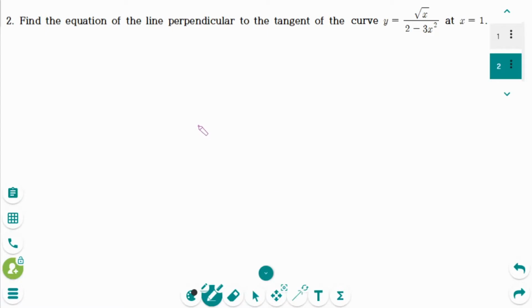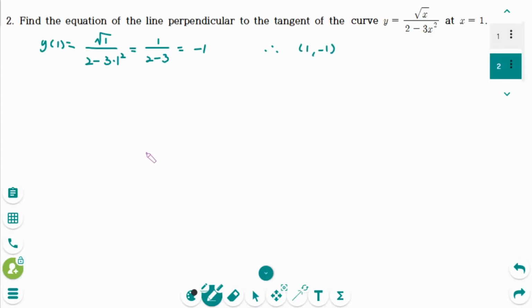Number 2, we need a y coordinate when x equals 1. So y of 1 equals square root of 1 over 2 minus 3 times 1 squared, 1 over 2 minus 3, which is minus 1. The point is (1, minus 1).